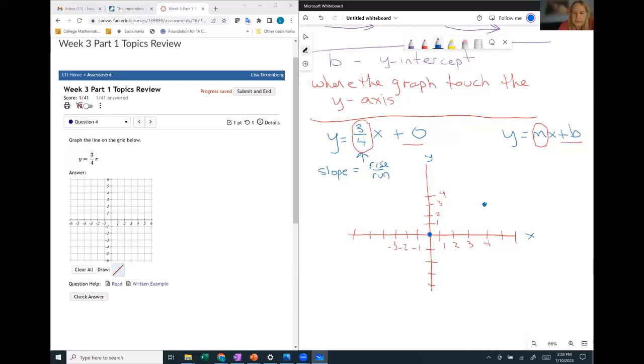I can also, because a negative over a negative is a positive, go down 3 and to the left 4. Because -3 over -4 is still equal to 3/4. Both of those will work. You don't need both, but they'll both work. And then all I need to do is connect my dots. And that is the graph of the line.